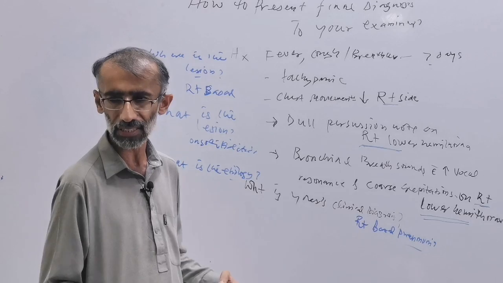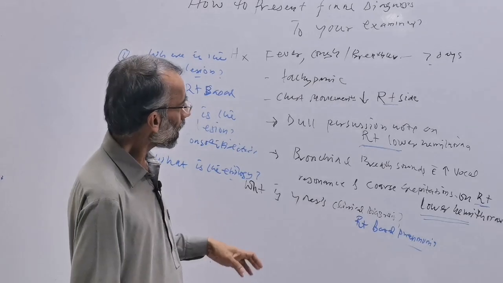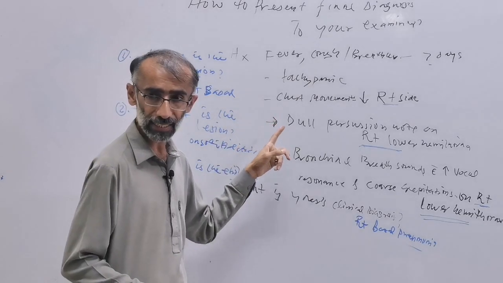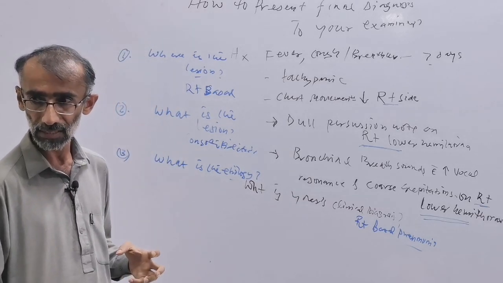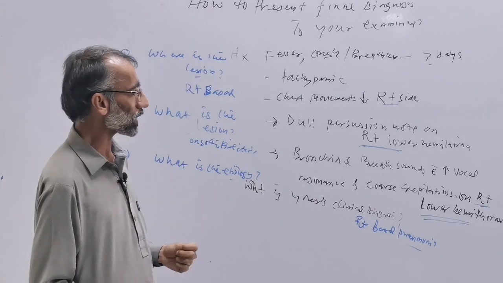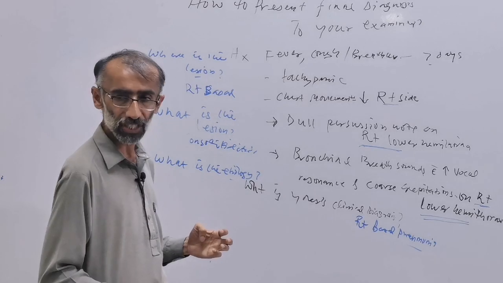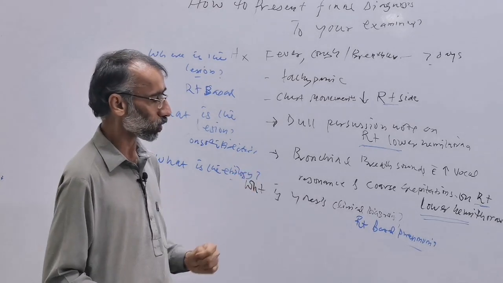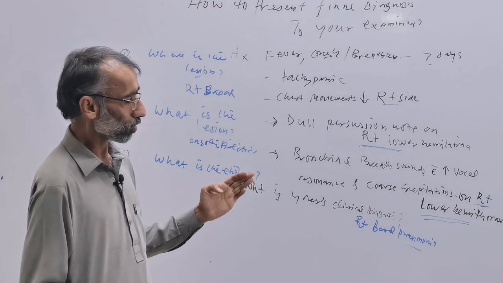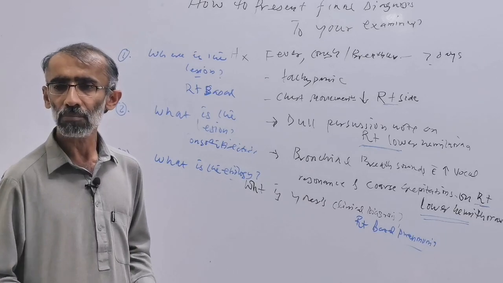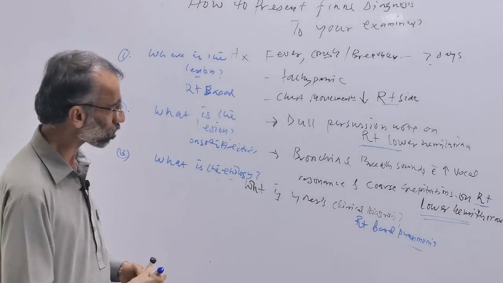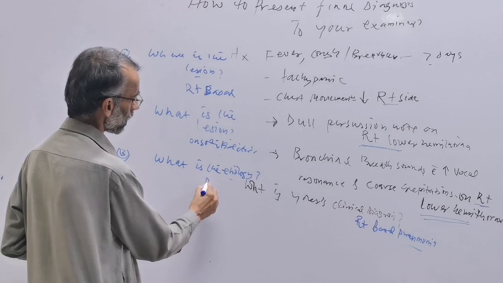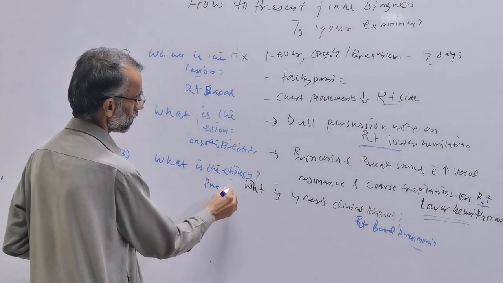It is a short history. And patient is tachypneic, patient is toxic, chest movement reduced, dull percussion note, and there is bronchial breathing, coarse crepitation, most probably due to pneumonia.